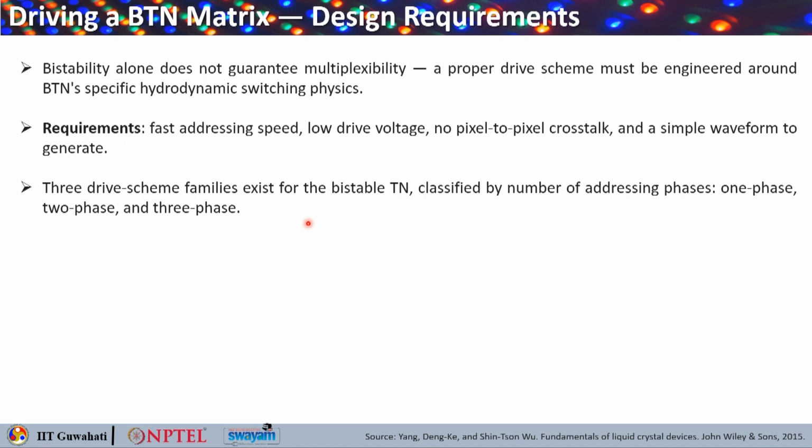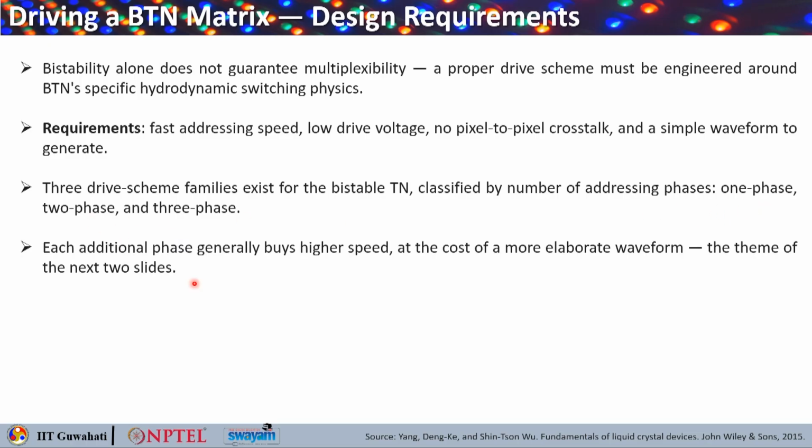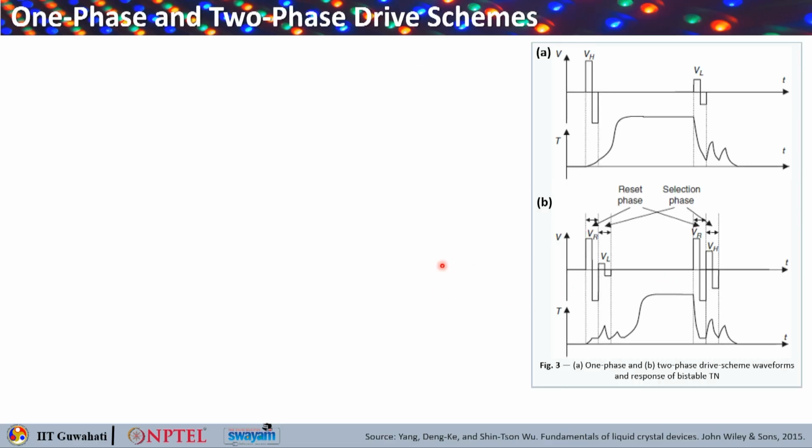So three drive scheme families basically exist for the bistable twisted nematic, which are classified by the number of addressing phases: 1 phase, 2 phase and 3 phase. Each additional phase generally buys higher speed, but at the cost of a more elaborate waveform. That will be discussed in these particular slides.